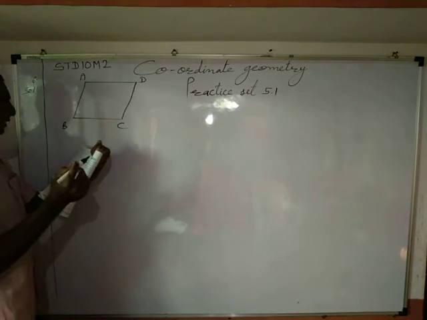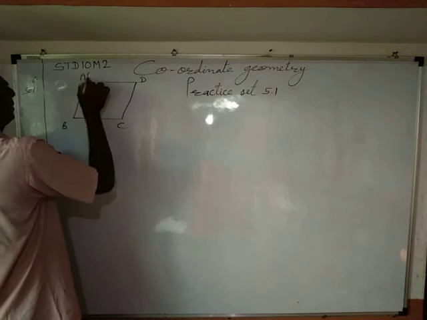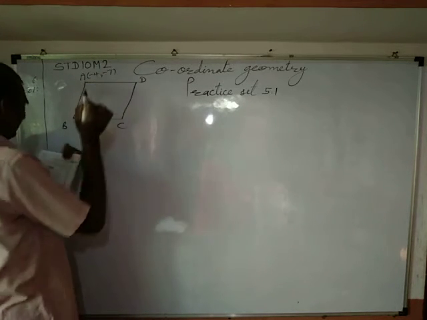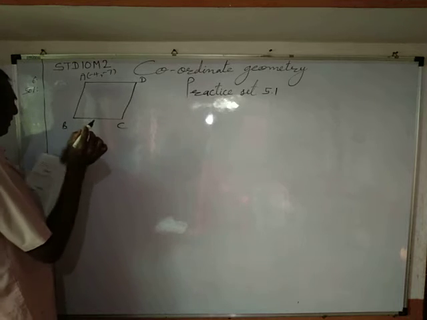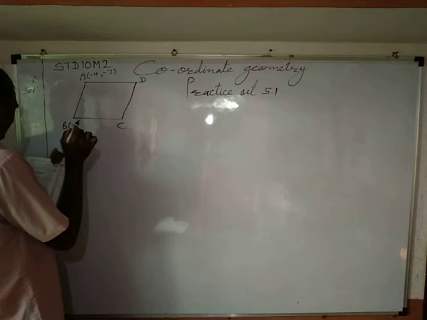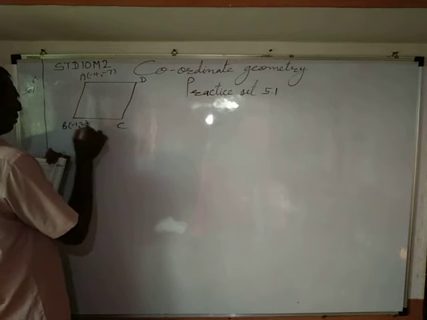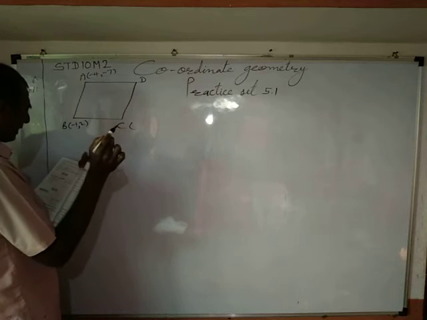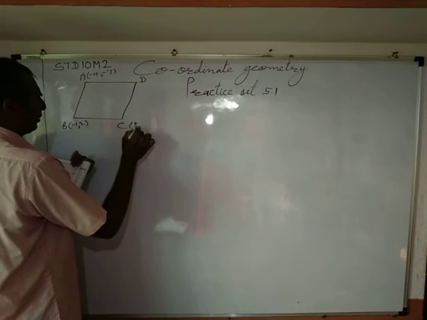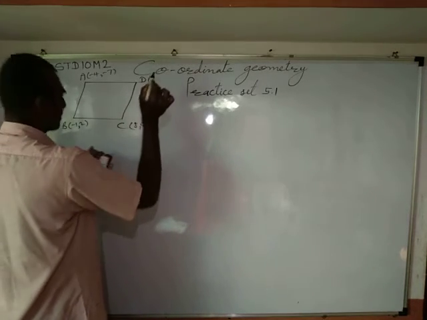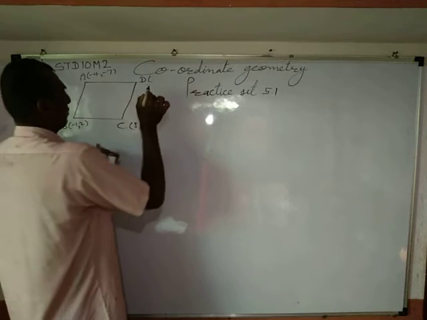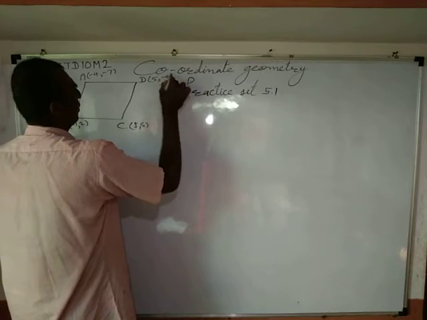Here it tells us coordinates of A are minus 4, minus 7, coordinates of B are minus 1, 2, coordinates of C are 8, 5 and coordinates of D are 5, minus 4.